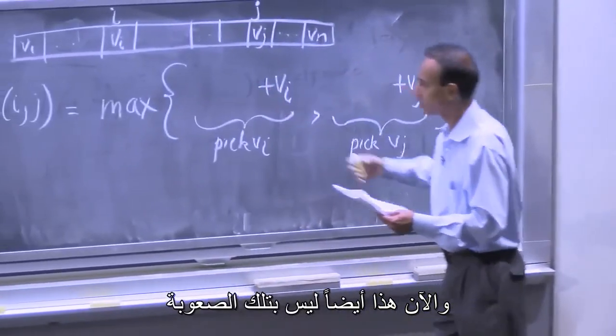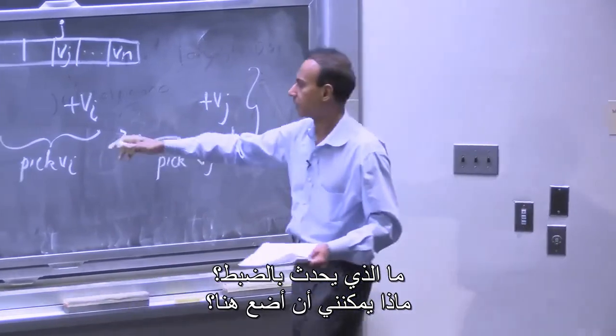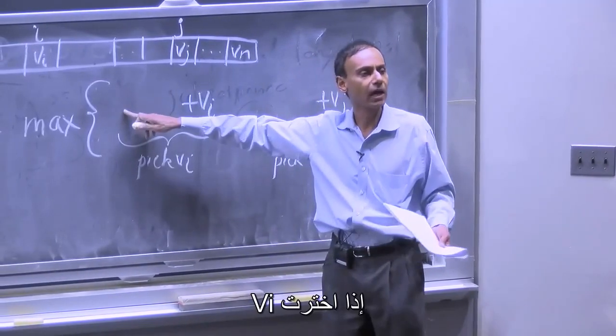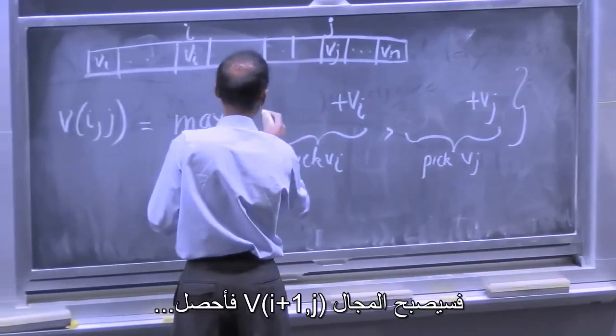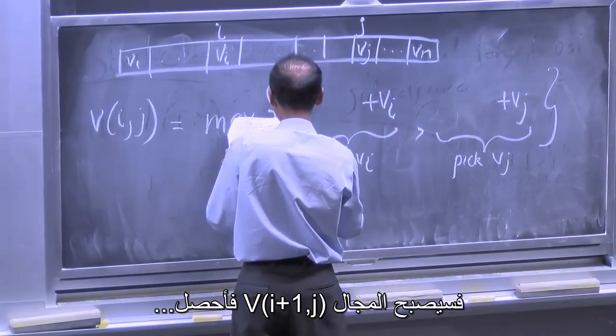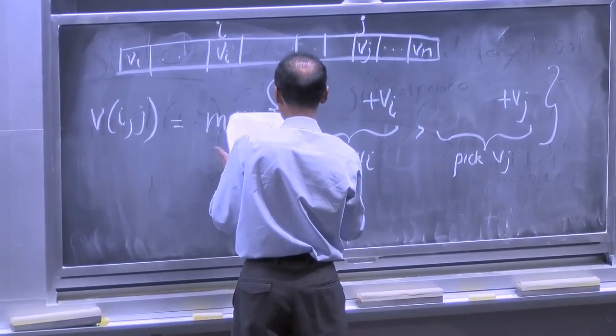Now, this is also not that difficult. What exactly happens? What can I put in here if I pick Vi? Yeah, V i+1 to j. So the range becomes i+1 to j.